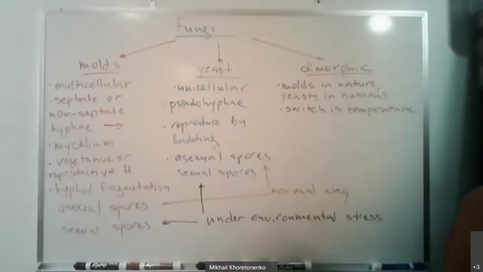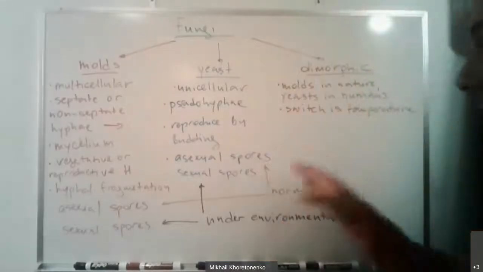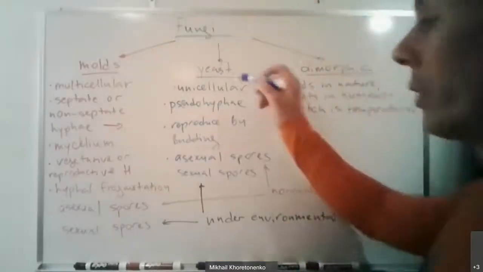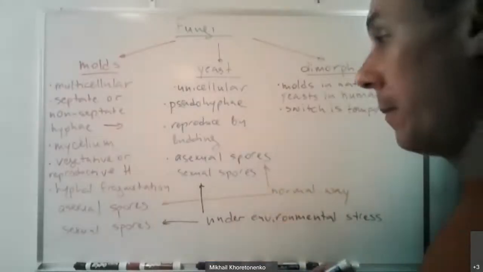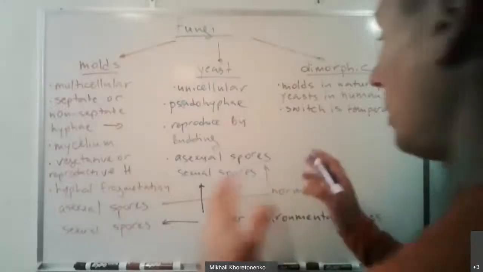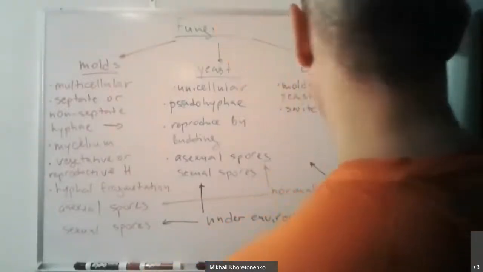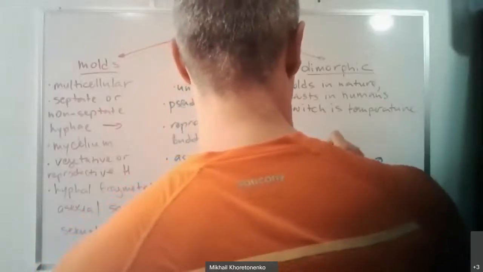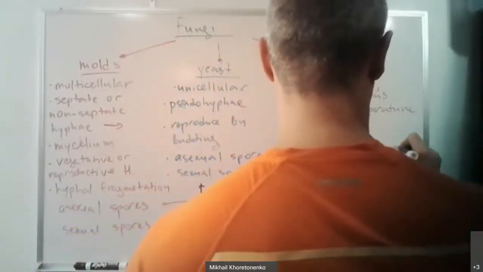Now, a few words about spores. I want to focus particularly on the asexual spores, but both for yeasts and for molds. The asexual spores can be divided into conidiospores and sporangiospores.